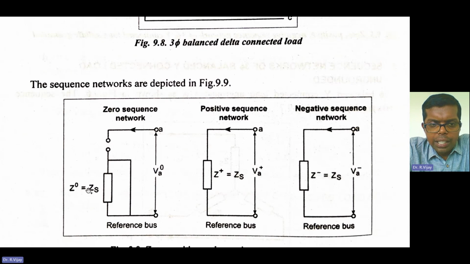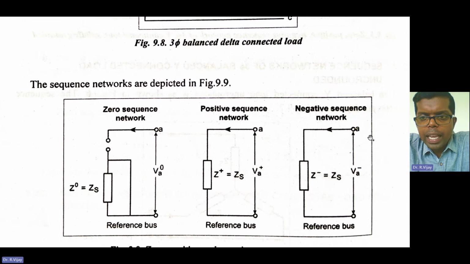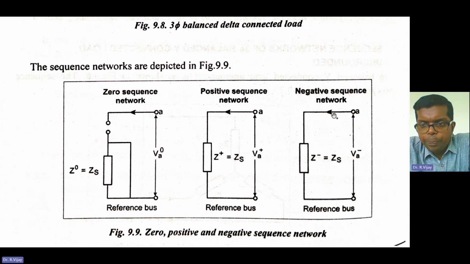So here Z0 is equal to ZS, and here the positive sequence network: this is VA positive, and Z positive is equal to ZS. This is the reference bus. Similarly, the negative sequence network: this is VA negative, and Z negative is equal to ZS, with the current IA negative. Here this is the positive sequence, with IA positive.